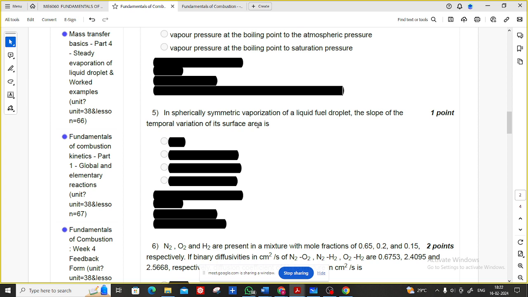Negative and constant. Okay, Harsh, why is it negative? Wait. Can anyone else answer this question?